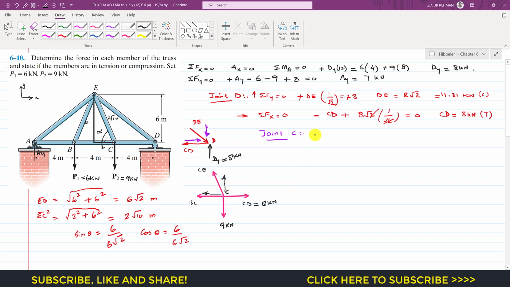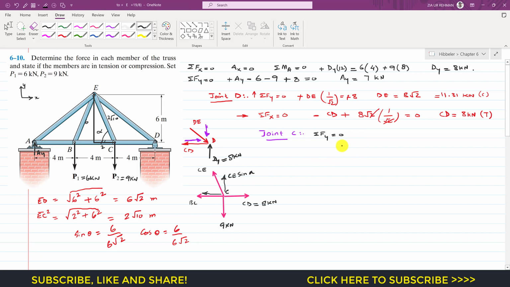Now if I apply the summation of forces along x equals to 0 at joint C, this is the cos component. Let's see, if I apply the summation of forces along y equals to 0, this is CE sine of alpha.